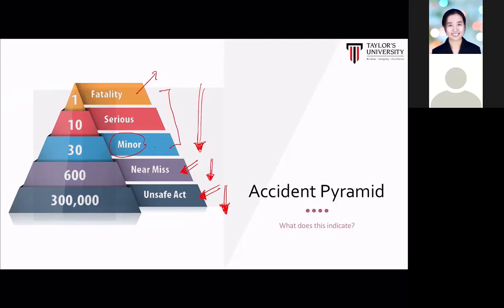Okay, so any near-miss accidents must be reported. Remember that. And it must be taken action on, what we call CQI actions, to prevent this from happening. Okay, any questions so far? This is straightforward, this accident pyramid.